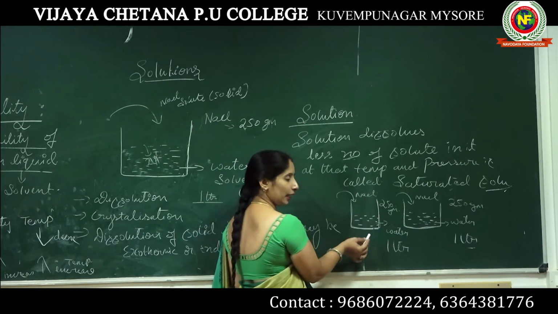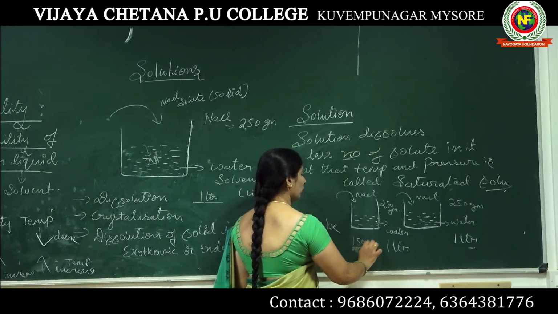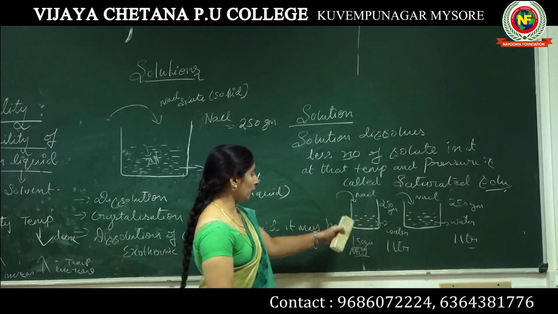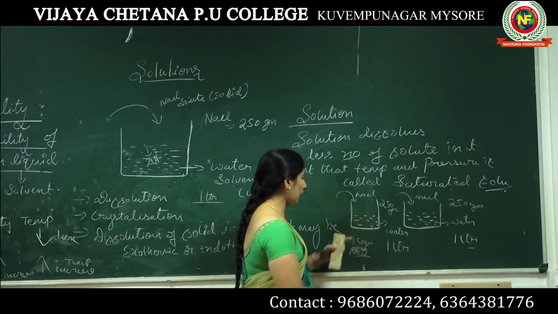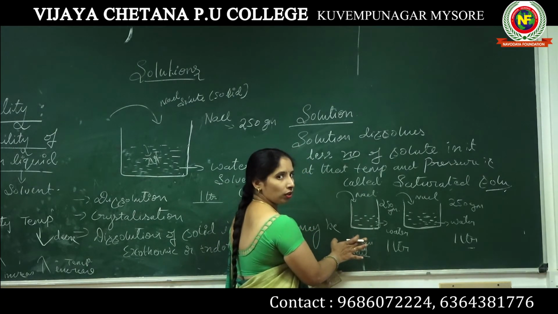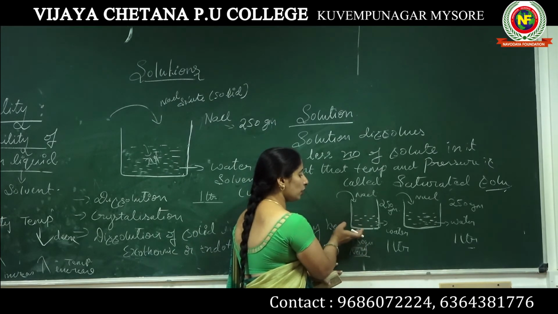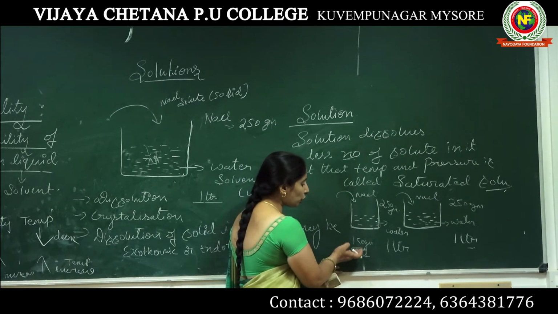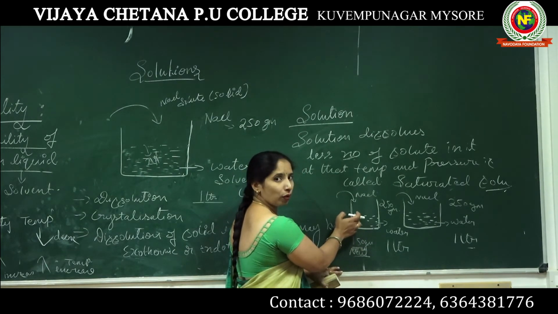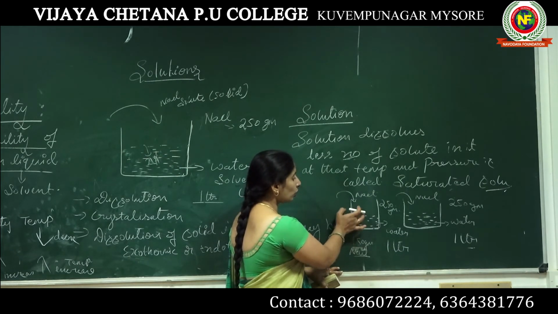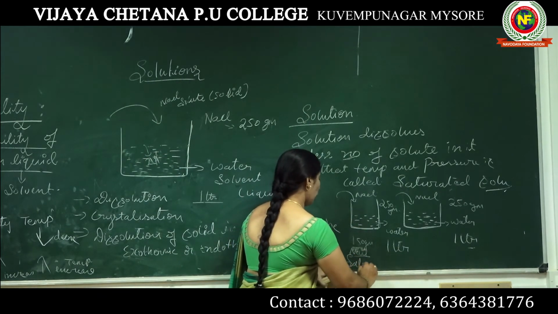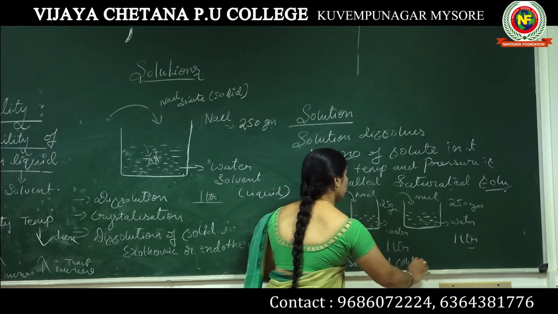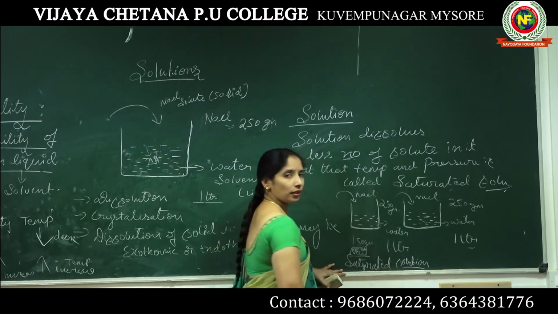Only 150 grams, or 120 grams, of NaCl is dissolved. A small amount of solute dissolved in the solvent at the temperature and pressure. Only this much NaCl is dissolved in this beaker, so this type of solution we call a saturated solution.